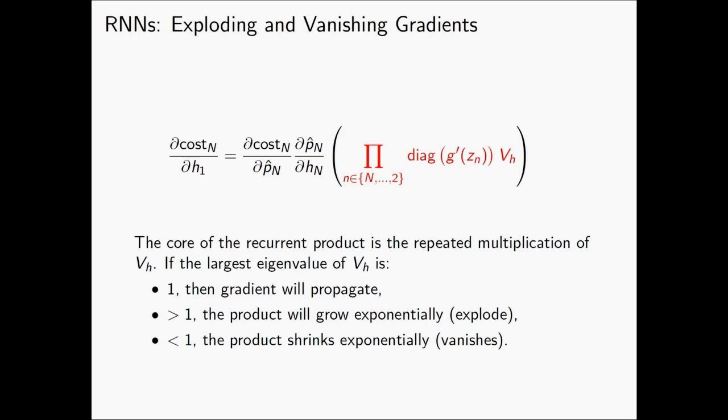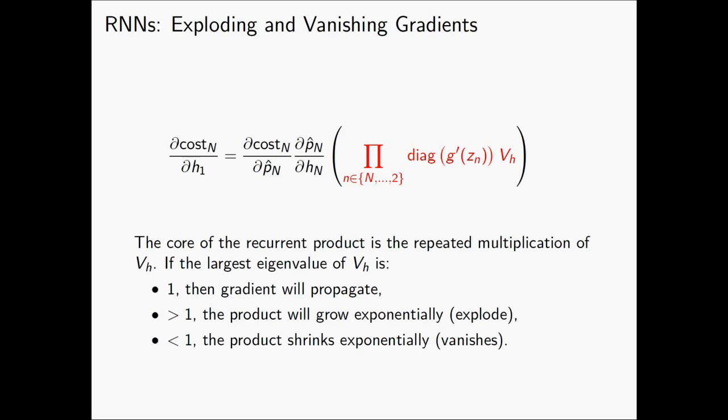The numbers are going to go to infinity as you multiply more and more times. And if it's less than 1, it's going to shrink to 0. We call these 2 cases exploding gradients or vanishing gradients. So we've got these 3 possible options that's going to happen with this recurrent network as we go further and further back in time. And the 2 bottom ones are the ones we're going to be really concerned about.